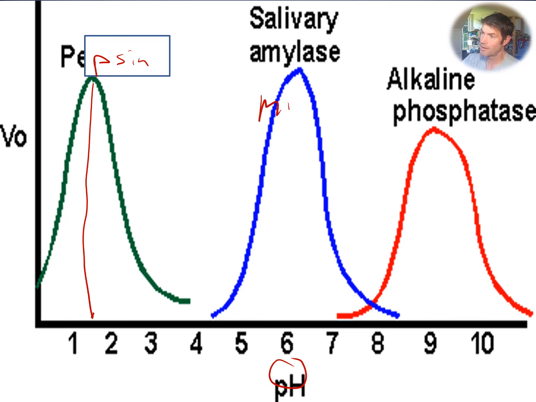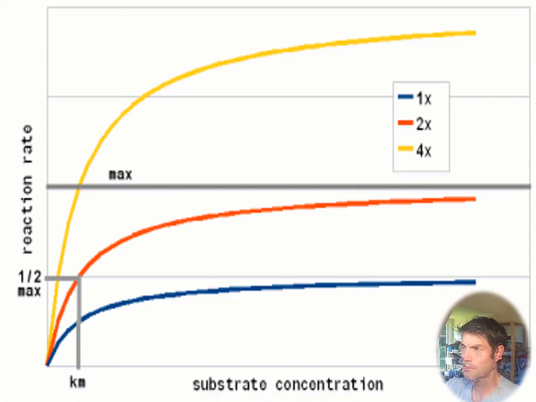You don't want something that acidic in your mouth. You want a more neutral pH, slightly acidic to help knock down some bacteria, so that your amylase can work well. And this is an enzyme that's in your small intestine, which is slightly alkaline. So it's made to work at that pH.